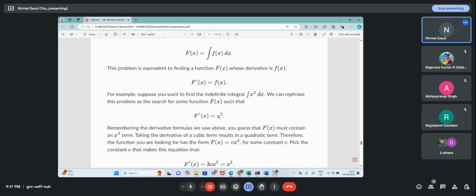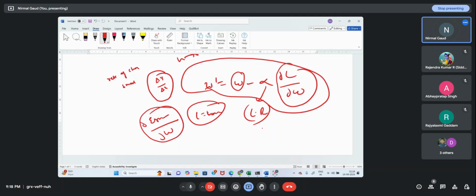Okay, so integration is the opposite of differentiation. All right. So if you differentiate x square, you will get x, and if you integrate x, you will get x square plus some constant term, if you are performing indefinite integration.